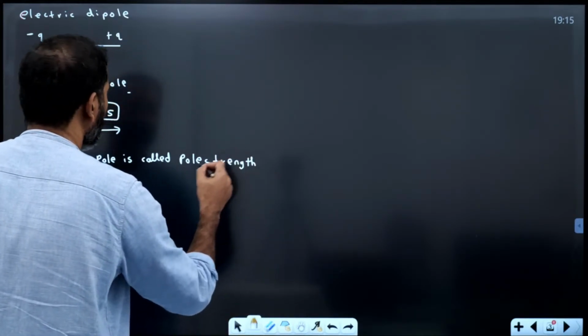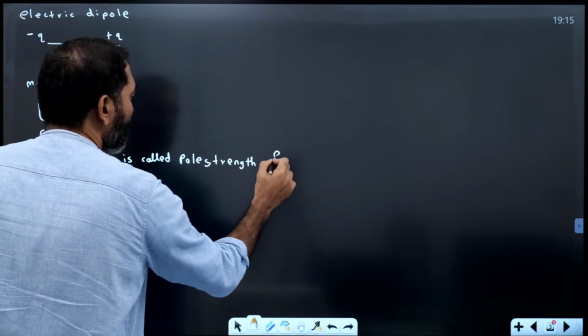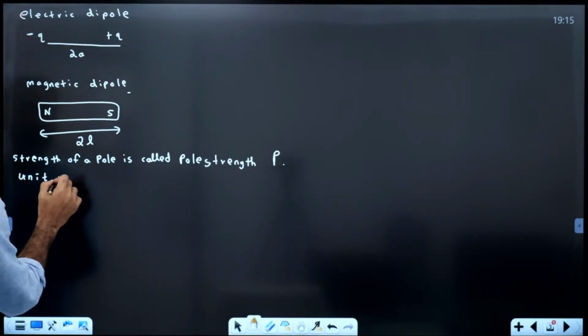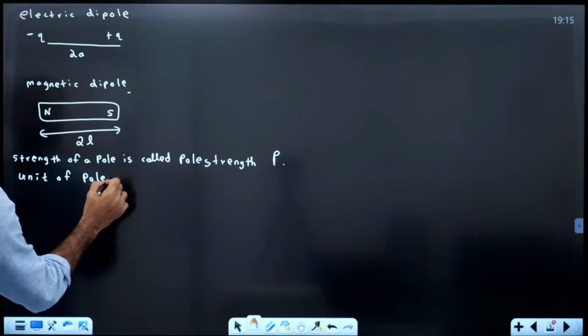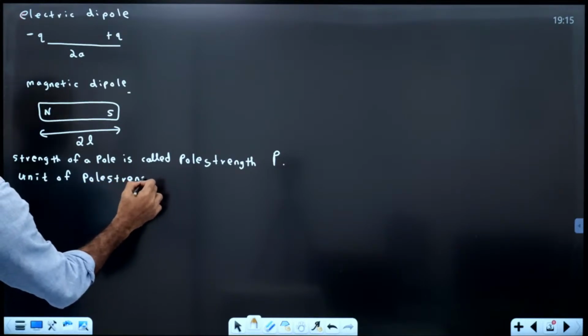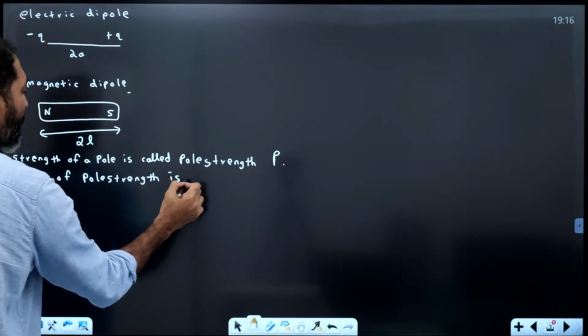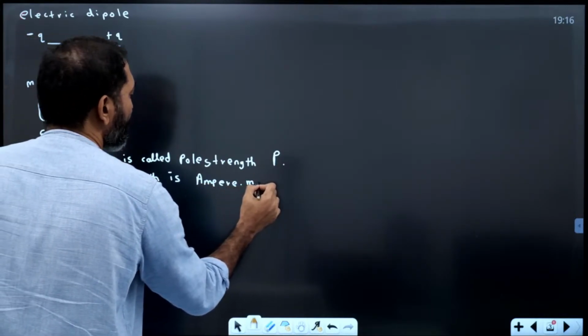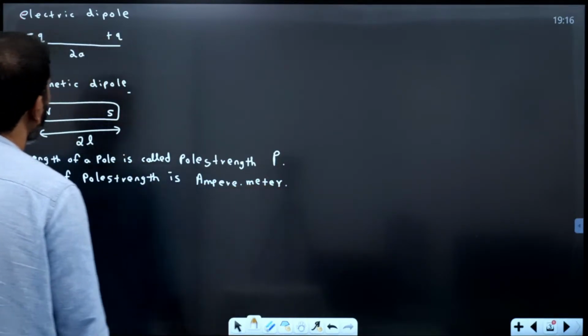Strength of a pole is called pole strength, denoted by P. Unit of pole strength is ampere meter.